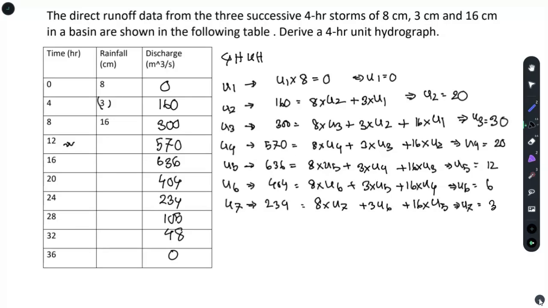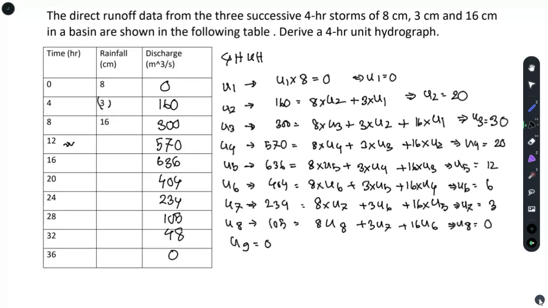You can do the math likewise: for U8, 105 equals 8 multiplied by U8, 3 multiplied by U7, 16 multiplied by U6. From that, you will get a value of U8 equal to 0. And you can do the math, you will get U9 equal to 0 as well.